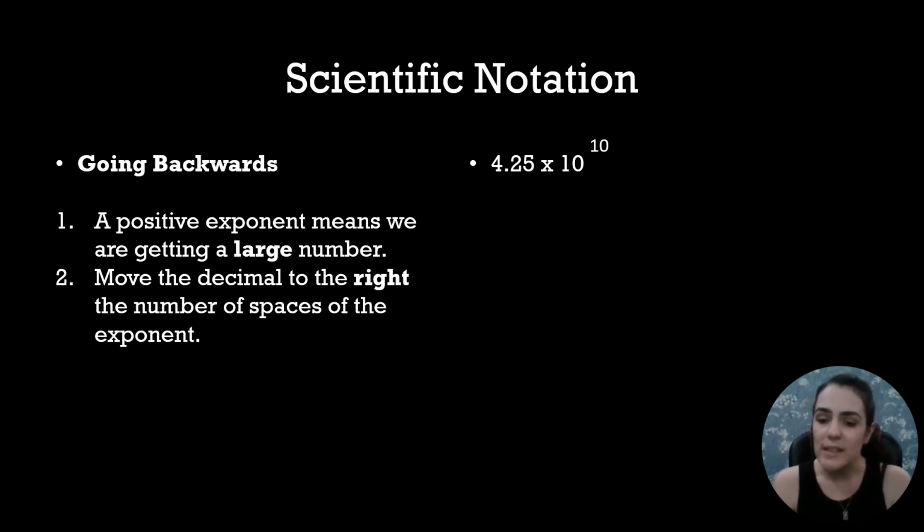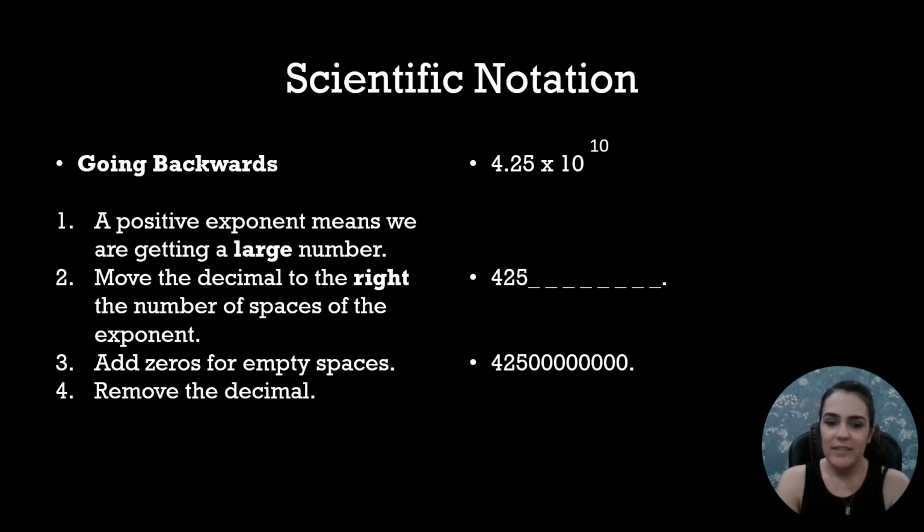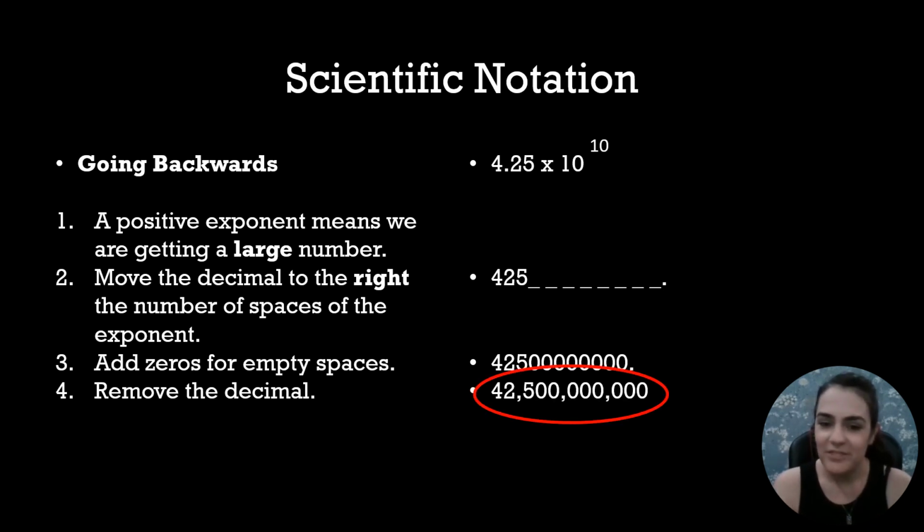You want to move the decimal point to the right, the number of spaces of the exponent. Just like that. It is 10. We moved that decimal 10 spaces. You want to add zeros for any of the empty spaces, just like that. Move the decimal, and there's your number, just like that.